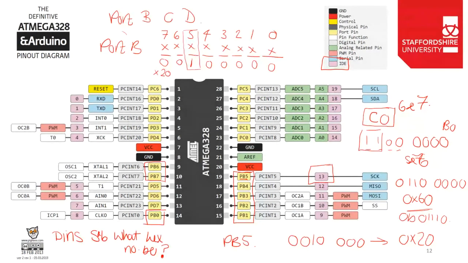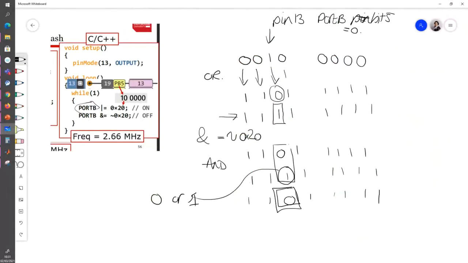Now let's just go back. In our case, I'm going to use pins 5 and 6 now. So we know that pins 5 and 6 are 1, 2, 3, 4, 5, 6, 7, 8, this bit and this bit. I know that some of you understand, but some of you don't.